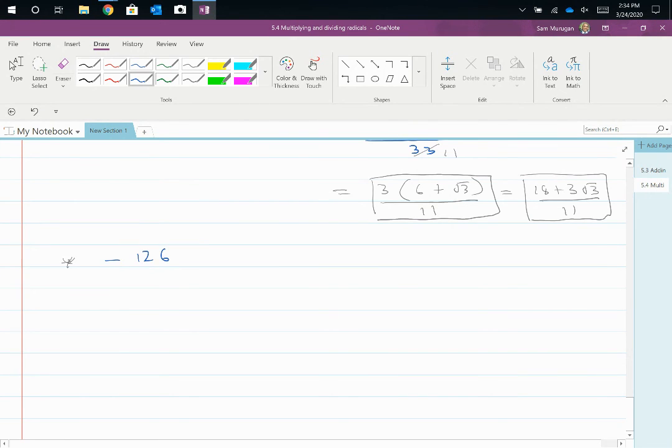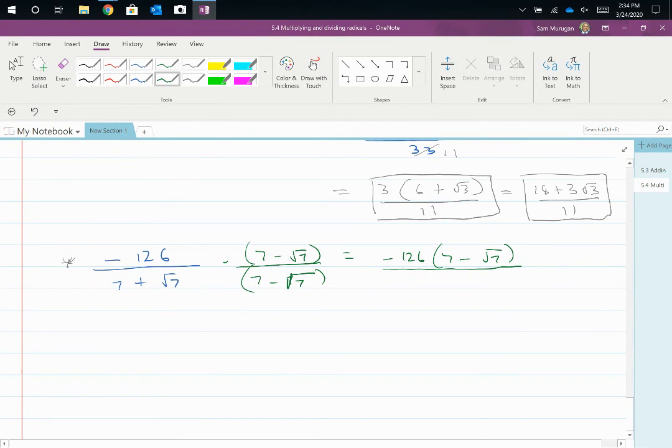Negative 126 over 7 plus square root of 7. Taking conjugates here, I have negative 126 times 7 minus the square root of 7 over 7 minus the square root of 7.